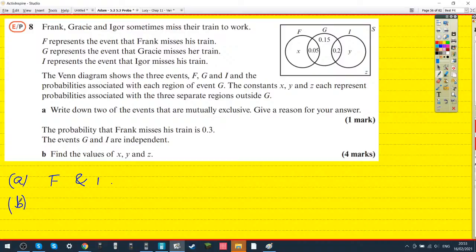So you do 0.3 minus 0.05, which is 0.25 for X. That's X. Yeah. And then Y would be... So would you do 0.15 divided by 0.2?